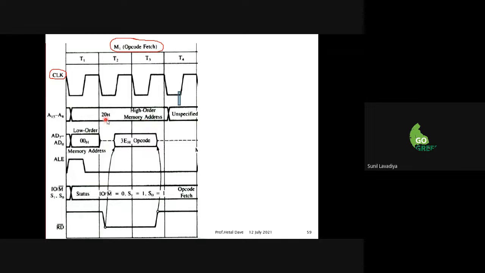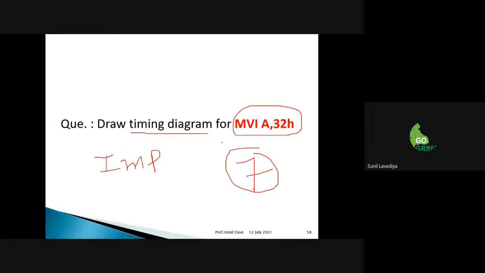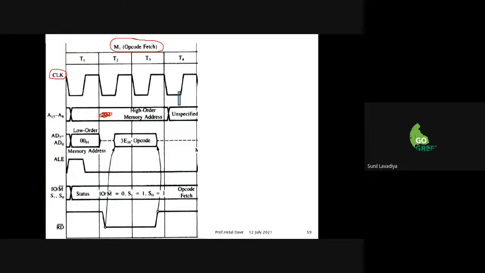No need to remember the 20 here. I'm again saying, let's say you are not remembering this one. Then after, AD7 to AD0 comes in the first cycle, then 3EH. Now, if you consider data in the hex code, it's converted, but no need to remember this one also.